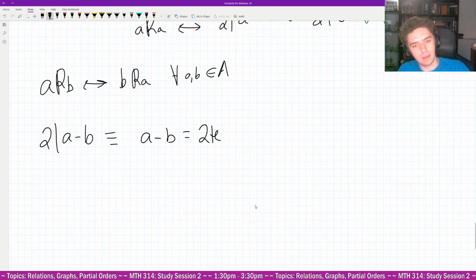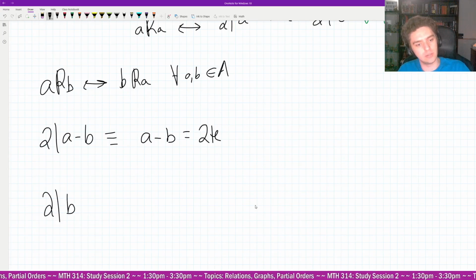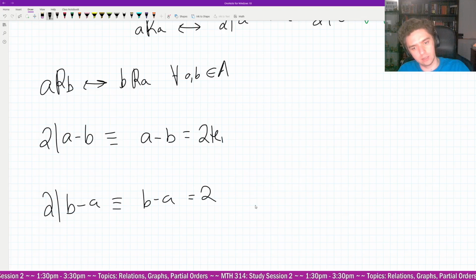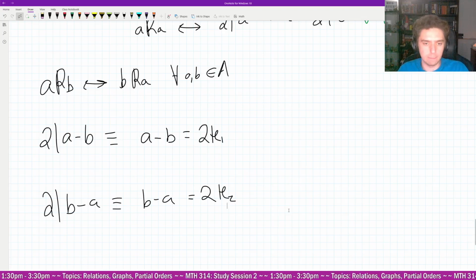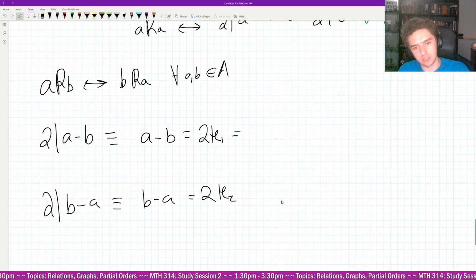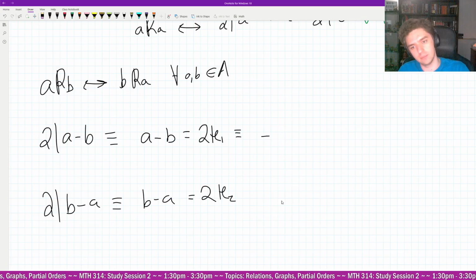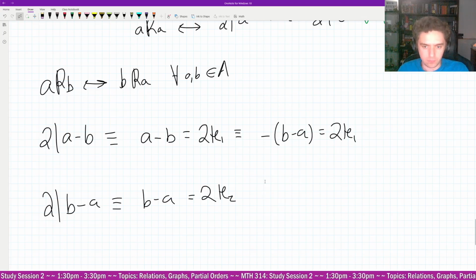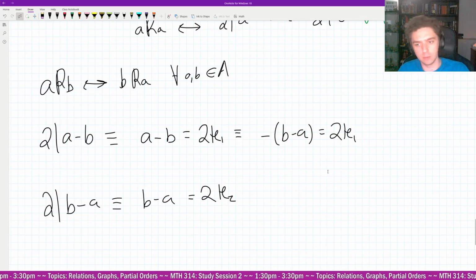So now we need to show that this means that 2 divides b minus a, which is logically equivalent to b minus a equals 2k2, right? So this is logically equivalent to negative (b minus a) equals 2k1, right? And so then I just multiply both sides by -1.